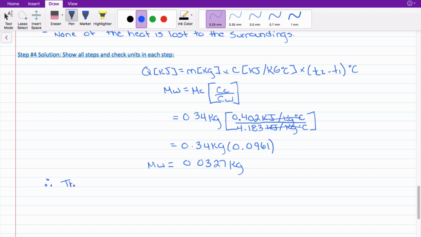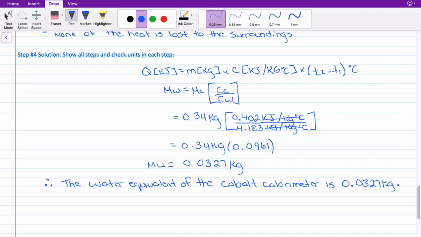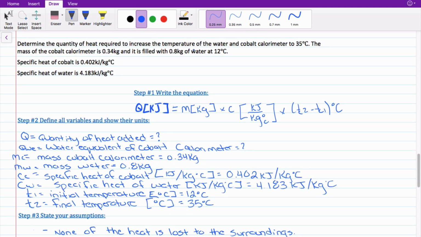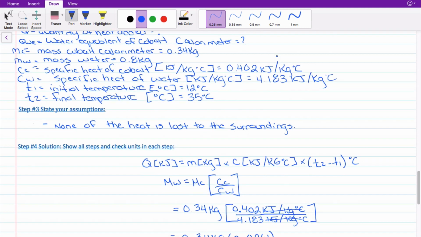So the water equivalent of the cobalt calorimeter is 0.0327 kilograms. So that determines the water equivalent, but we still need to determine the quantity of heat required to increase the temperature of the water and the cobalt calorimeter.